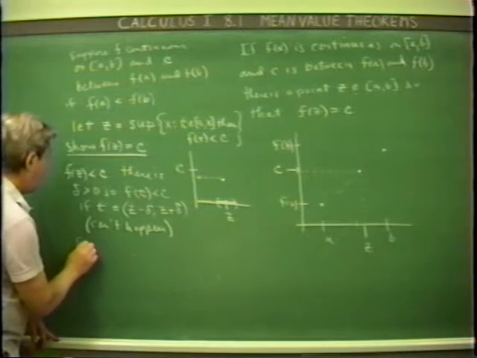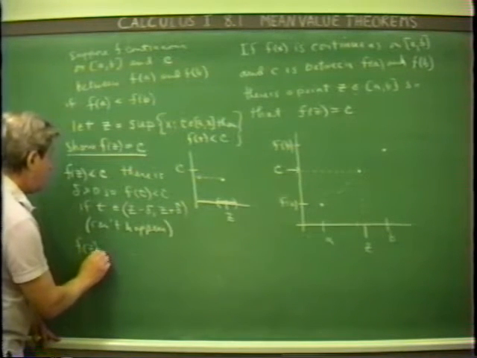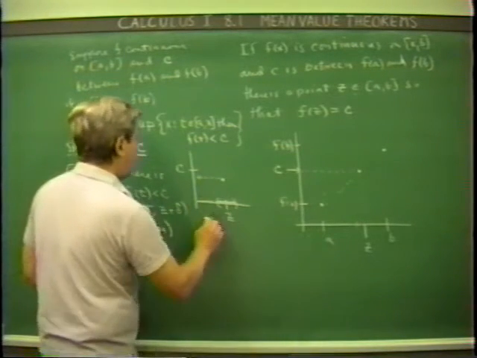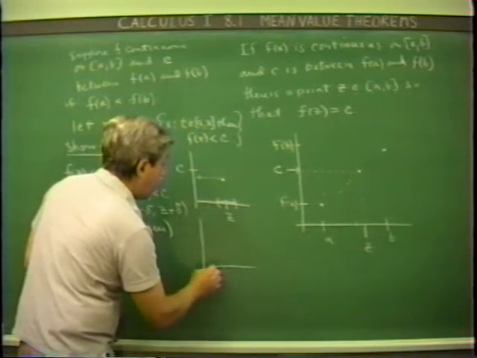Suppose now, on the other hand, that f of z was greater than C. Well, then we would have f of z here. Draw it again here.